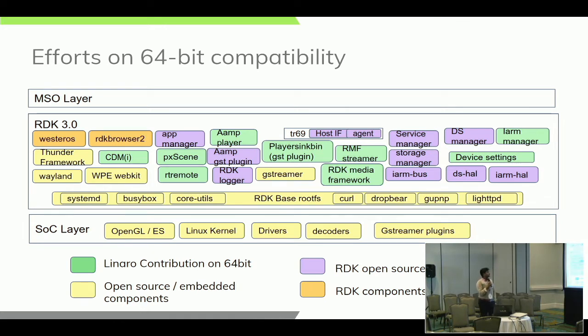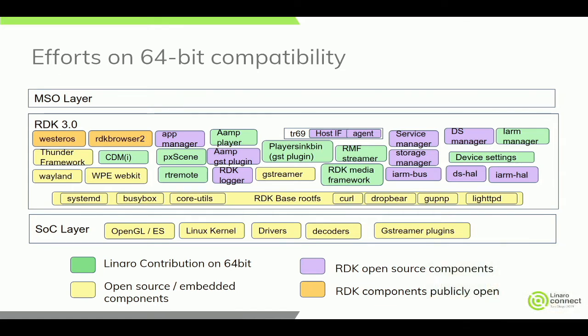That media framework is the major one, and it has device settings, service manager, and basically an internal bus called the IARM bus. It's based on DBus, an abstraction layer for DBus, and it has the IARM manager to control the elements, and through this bus all other RDK components interact with each other.